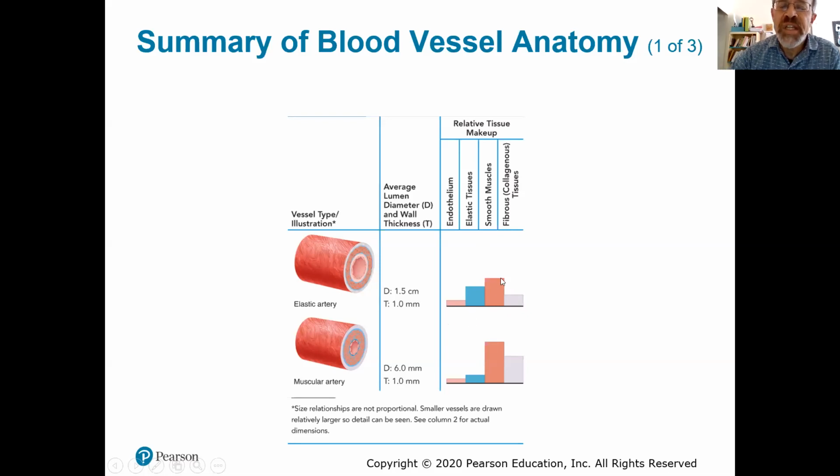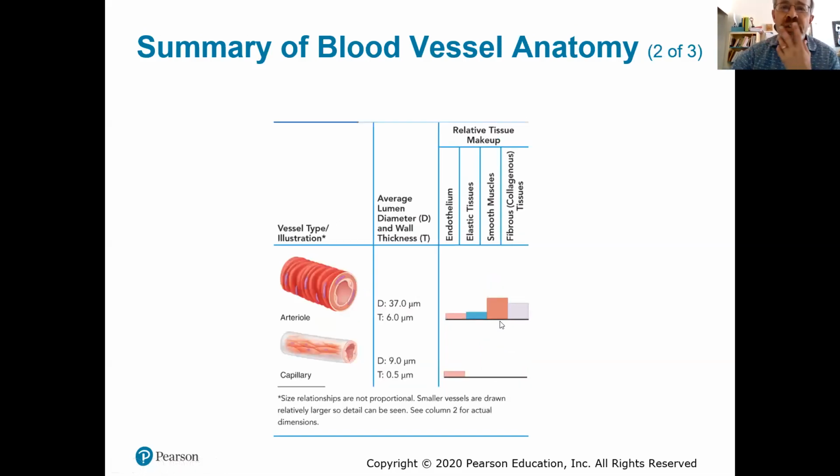The arteries, you can see, have smooth muscle and some elastic tissue, right? Very little connective tissue. But the main thing I want to focus on is we have a fair abundance of elastic tissue and smooth muscle in both types of arteries, even though there's less elastin in the muscular artery. There's still elastin. That's going to provide a driving force and a lot of muscle.